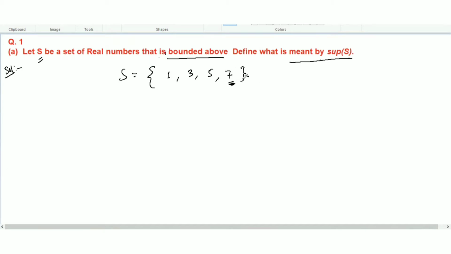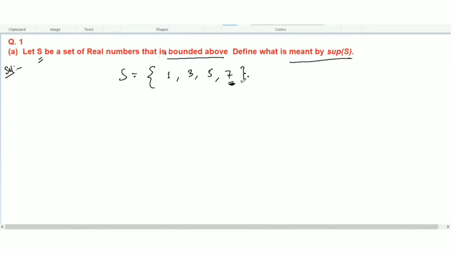So 7 will be an upper bound of this set S, because each element of this set S is smaller than or equal to 7. So 7 is an upper bound of this set.